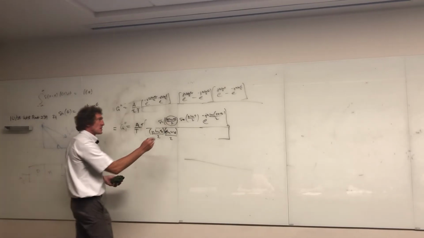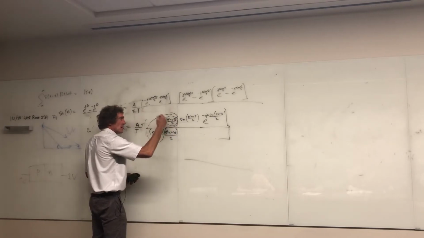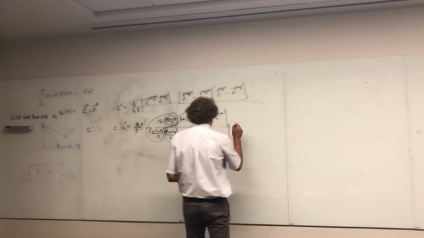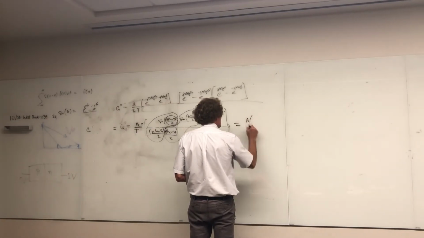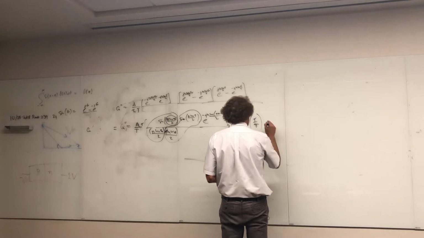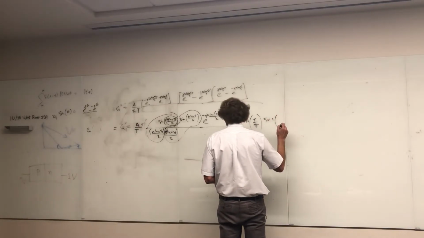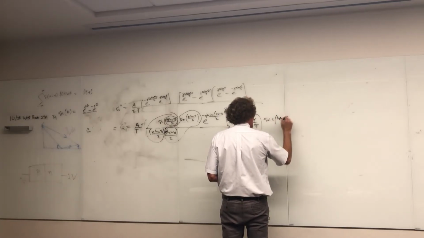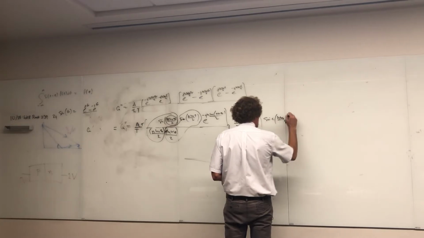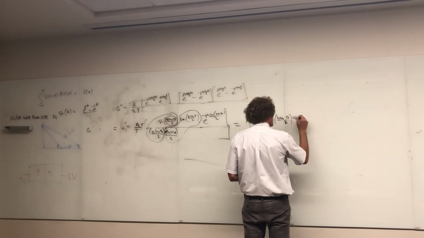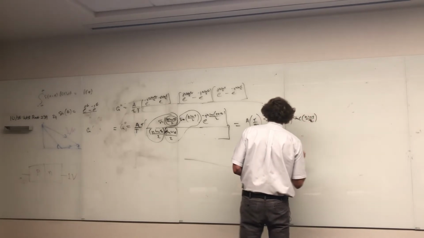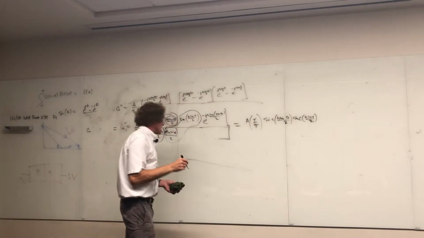Now, you can see that this is a sinc function, and this is a sinc function, and that is phase information. So now I can say that this basically is A times tau over T, times the sinc of n omega naught tau rise over 2 times the sinc function of n omega naught tau over 2, and all the phase information.